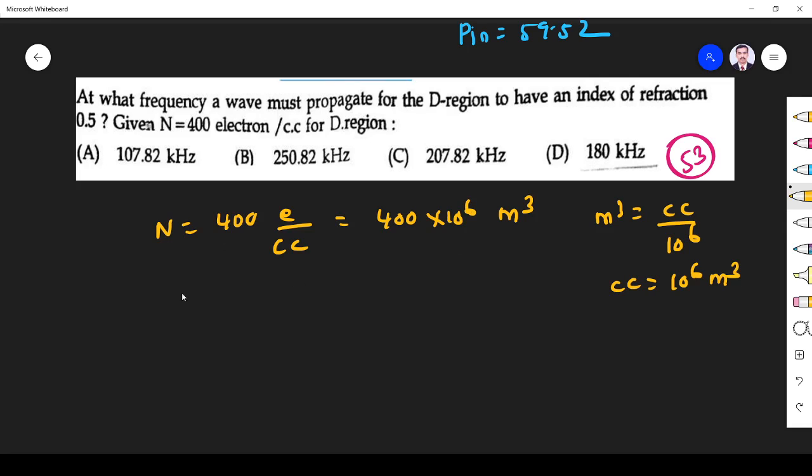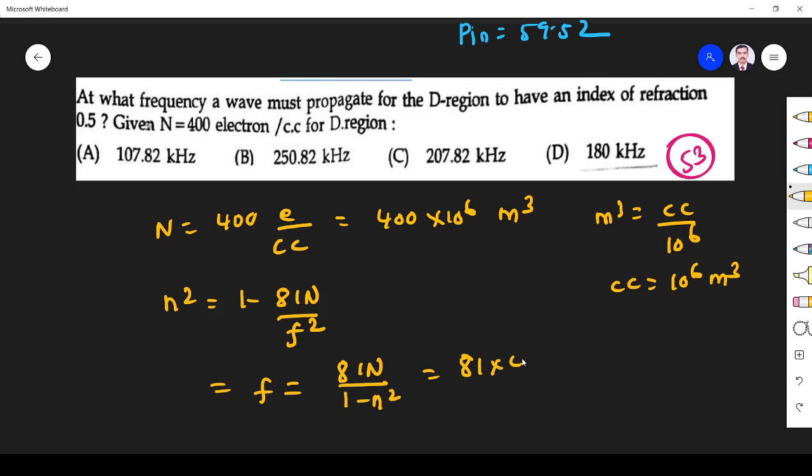Okay, and what is the formula? We know n squared is equal to 1 minus 81N by f square. This implies f is equal to root of 81N divided by 1 minus n square.